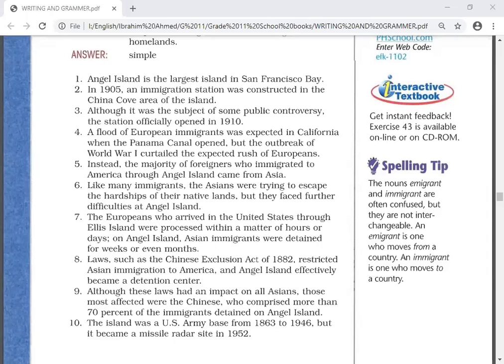The island was a U.S. Army base from 1863 to 1946, but it became a missile radar site in 1952. What type of sentence is it? It's a compound sentence.